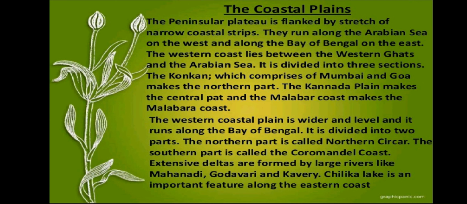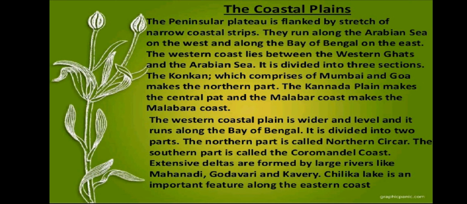Coromandel coast receives rains from the northeast monsoon. All the major peninsular rivers form a delta, making the land fertile. It receives rain from northeast monsoons, means from the Bay of Bengal.